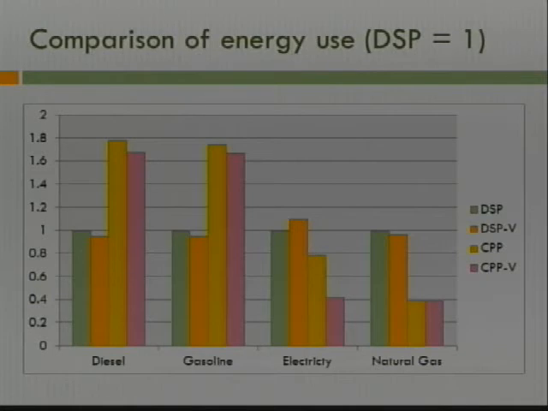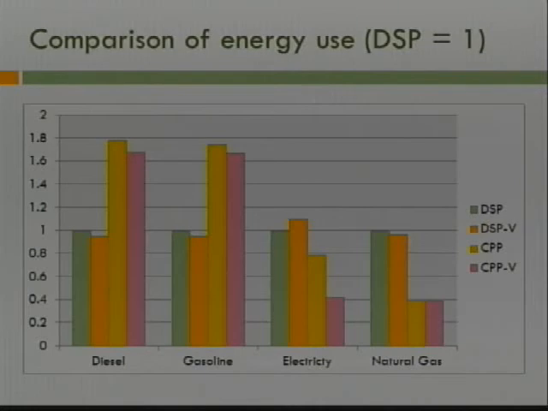We looked at a comparison of diesel fuel usage of all 4 scenarios. And what you will see is that the community prepared plans will use more diesel than will the developer-sponsored plan. Similar for gasoline, for all the same reasons we talked about in relation to vehicular travel and greenhouse gas usage.